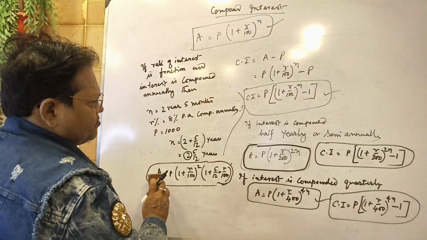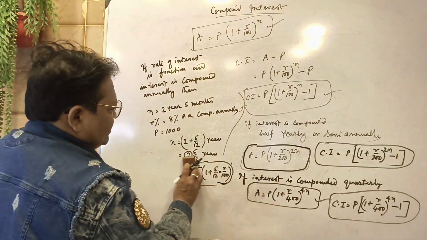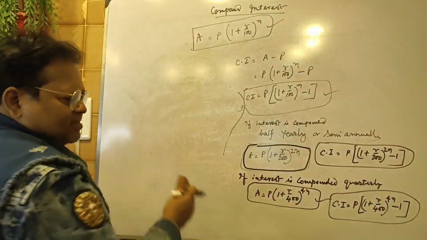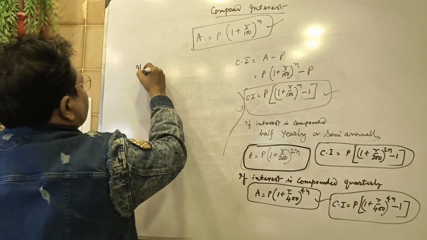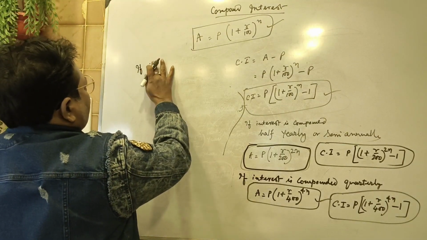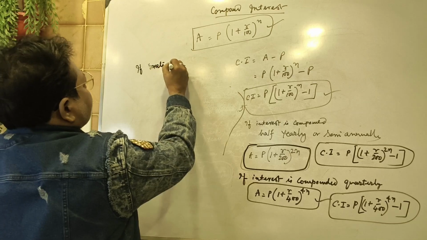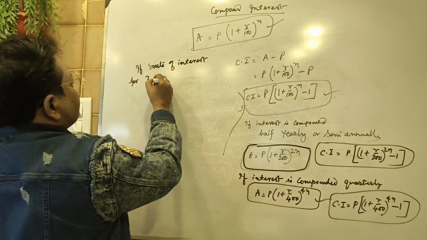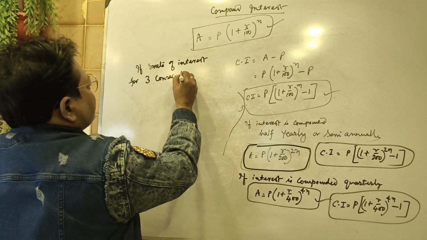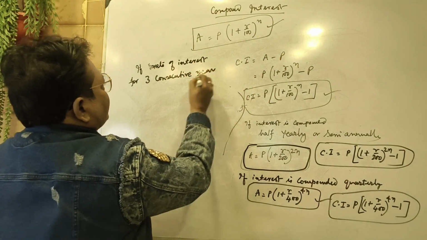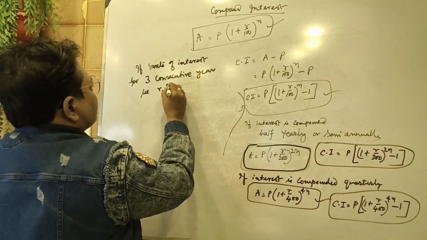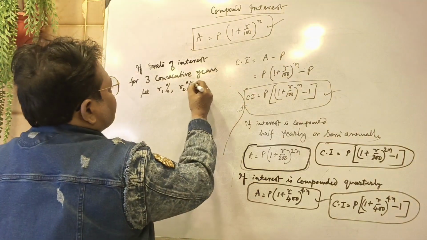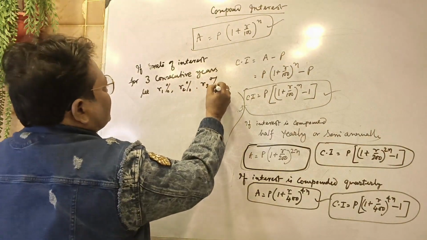Now, another option may be there. This is the last option. Suppose the rate of interest for 3 consecutive years is R1%, R2%, and R3%.